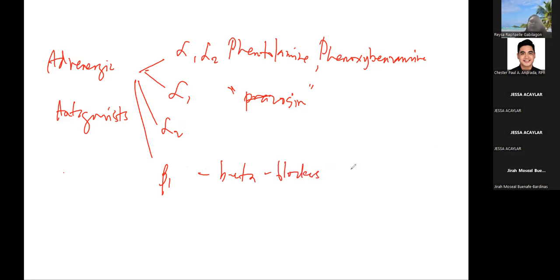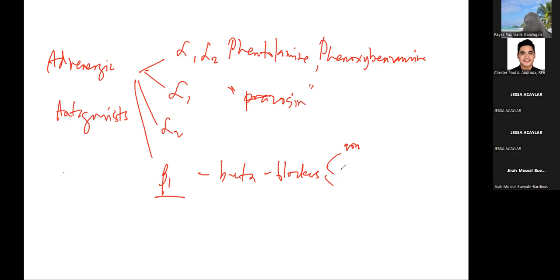And then beta blockers are further divided to whether it is non-selective, kung non-selective siya sa beta-1 and beta-2, just like propranolol. And then we have cardio-selective, so selective lang sila sa beta-1. We have drugs like metoprolol, atenolol, etc.